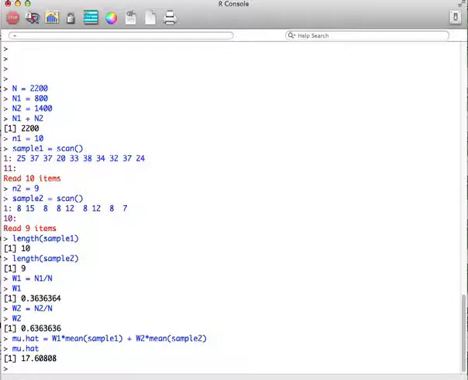Now I need a variance for it. The variance is going to look like W1 squared, times my finite population correction, which actually won't do much, but hey, times the variance of sample 1 over N1.